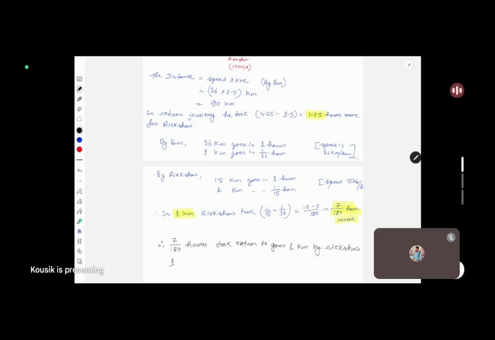So 1 hour took extra to go 1 by 7 by 180, that means 180 by 7 kilometer by rickshaw.